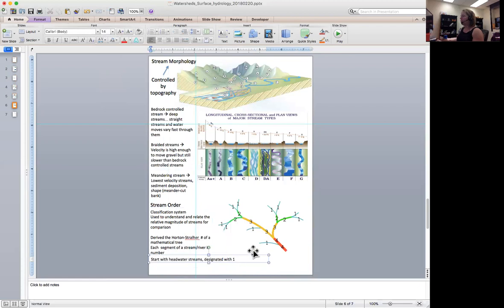And then every time 2 segments, 2 or more, of the same order come together, the number increases.